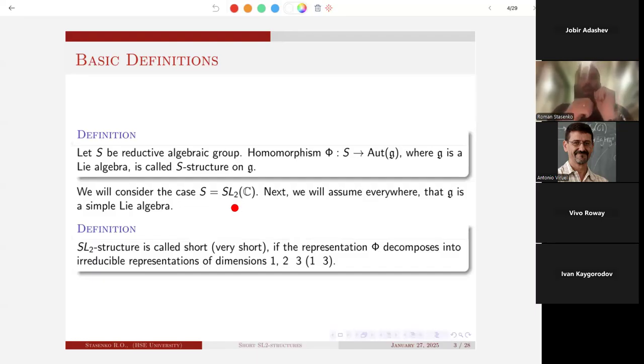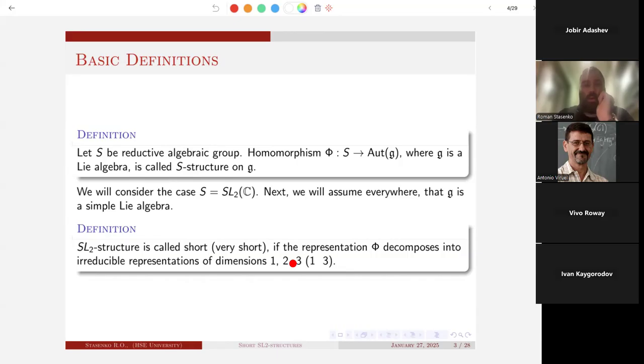our interest was in the case when we can add to the irreducible representations of dimension 1 and 3 the irreducible representation of dimension 2, the representation on the two-dimensional vector space of SL2 with some multiplicity at all.